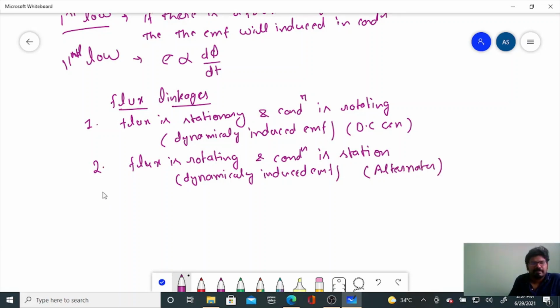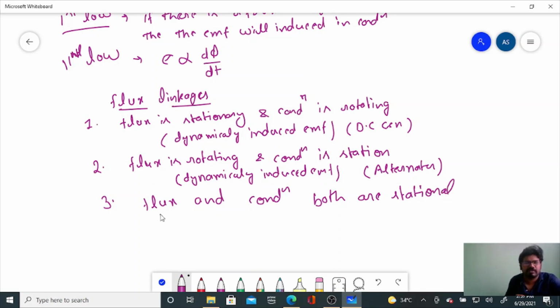Okay. Third, what? Your flux and conductor both are stationary, but here your flux is time varying. In the first two cases, your flux was constant.